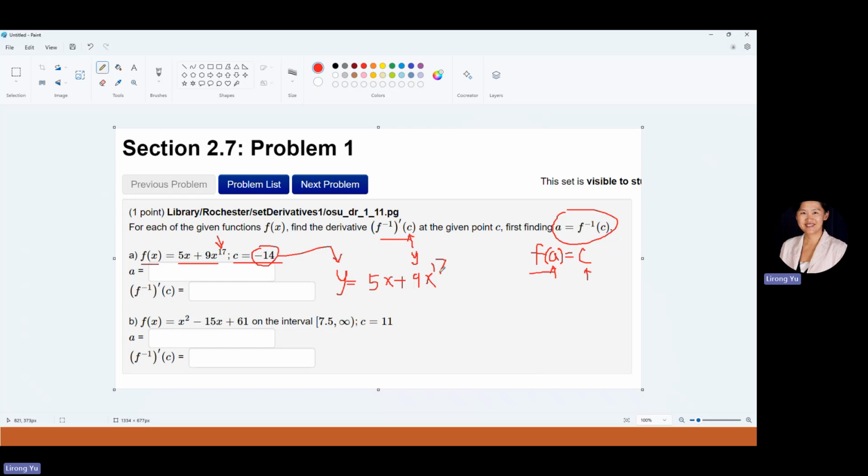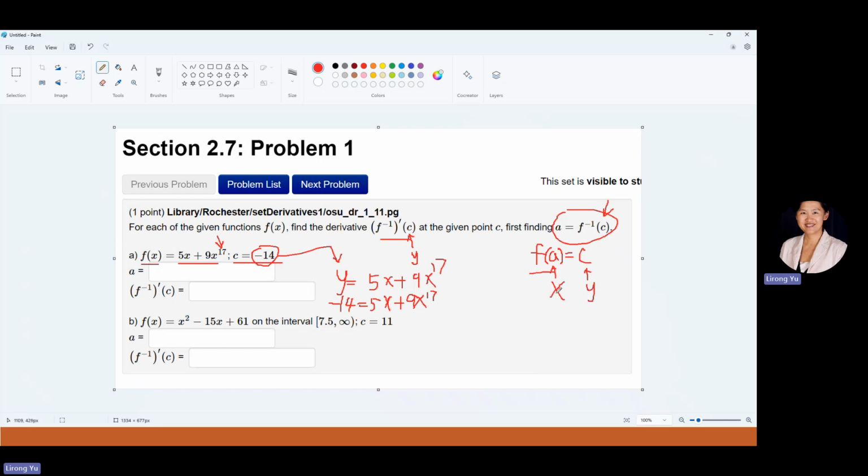It's the output of the original function, and the input for the inverse. Are we okay? So how do we make it negative 14? We really want negative 14 to equal 5x plus 9 times x to the 17th power. So what should be the x value, and what should be the a value exactly?